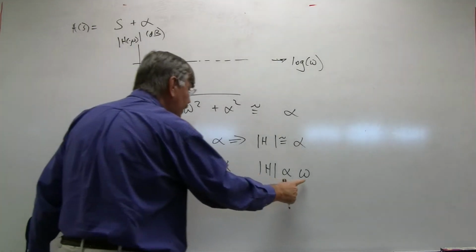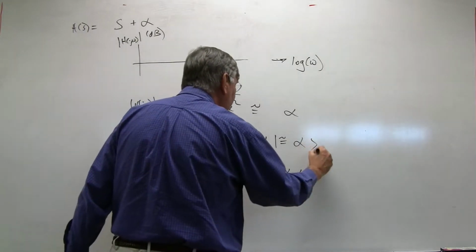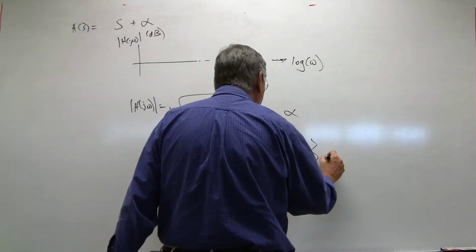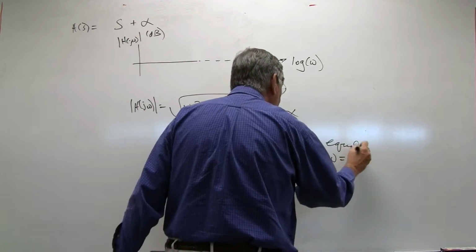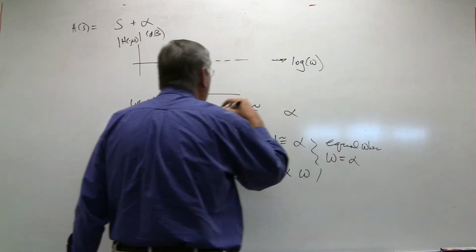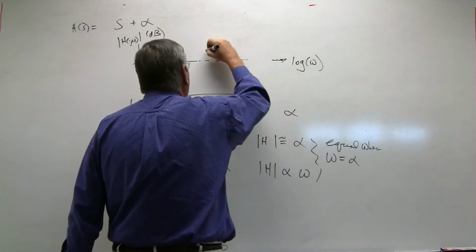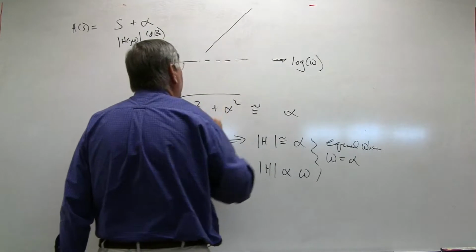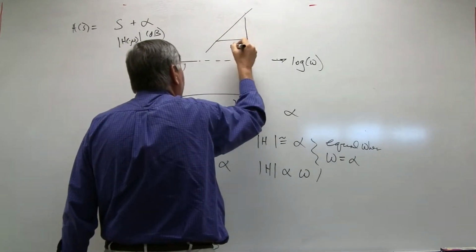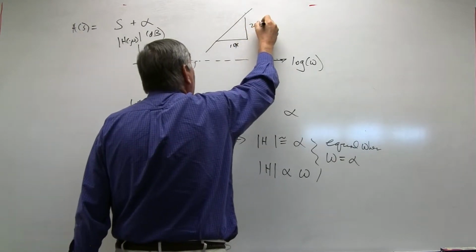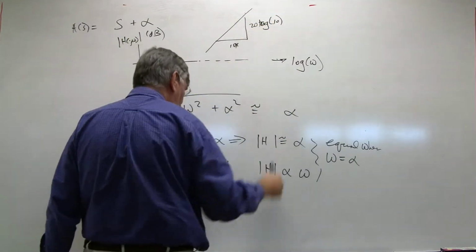When we get out to here, this is going to be proportional to omega. The last thing to keep in mind is that these two terms are equal when omega is equal to alpha. They make equal contributions, and that is the point at which our two asymptotes cross. Proportional to frequency on a log scale looks like this. For every 10 times increase, which is 1 decade, we get a 10 times increase in the magnitude, which is 20 dB.